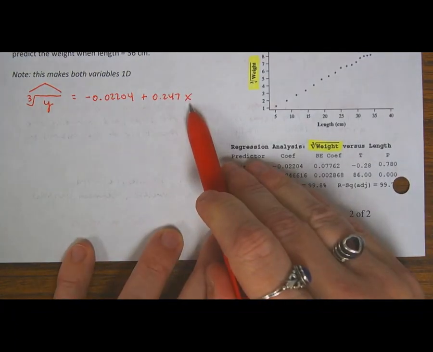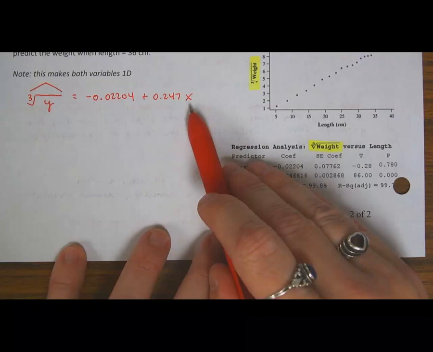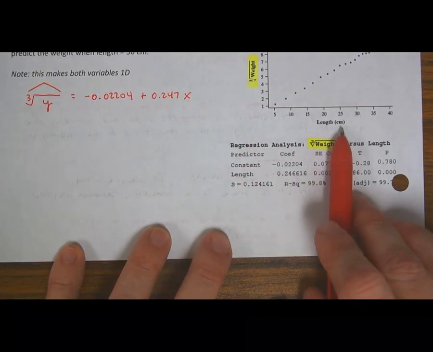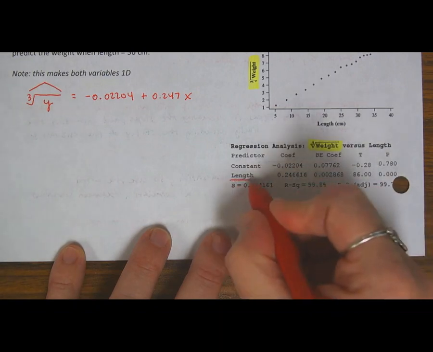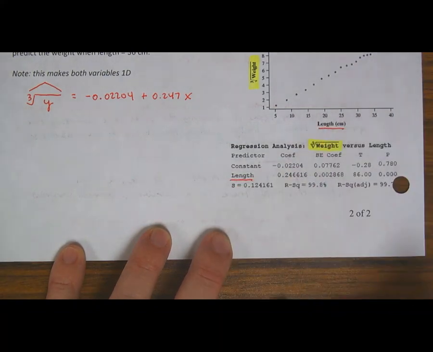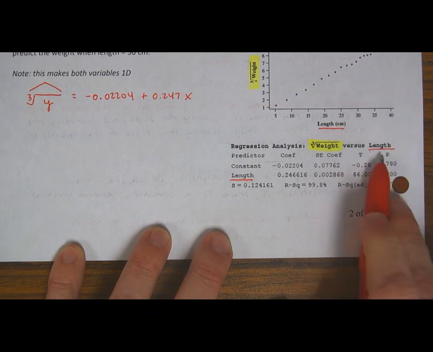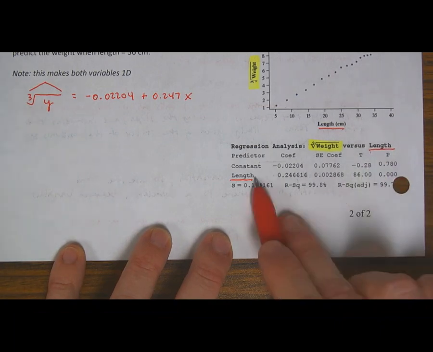But x isn't being raised to a power. No root is being taken of x. X is just still all the original lengths. I can tell right here that length wasn't messed with. X is X is X.